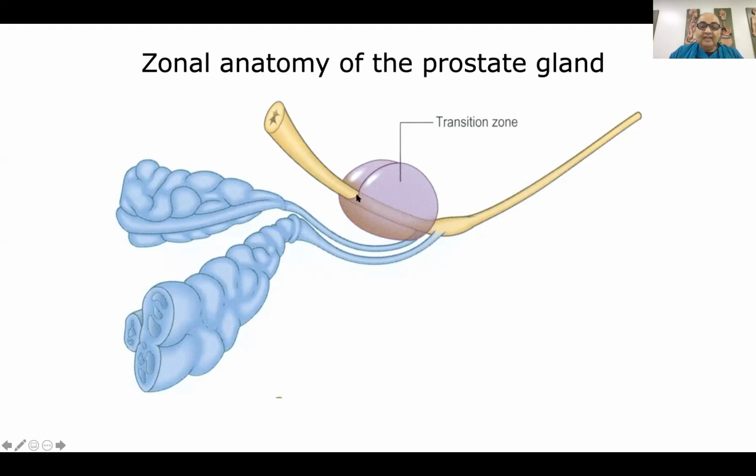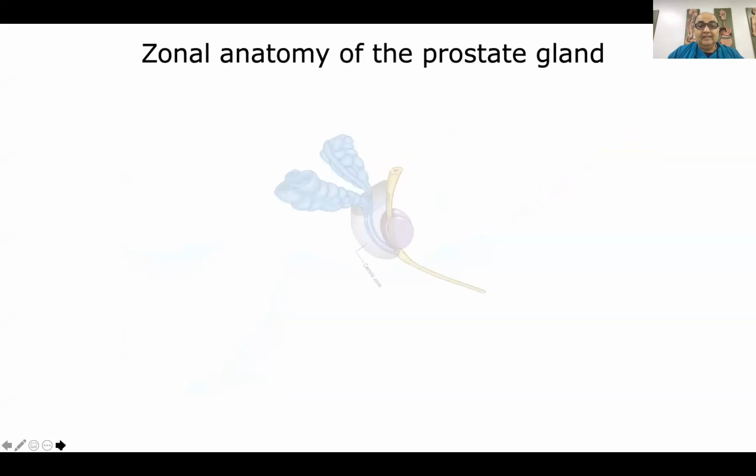So there is one core which surrounds my urethra completely, and that core, that substance, is called the transition zone. So a zone of the prostate, a tissue of the prostate, which is present around this tube. Let's say this is the prostate and there is this urethra which goes through it. So this is around the urethra, the part of the prostatic tissue which surrounds it circumferentially, we call it the transitional zone. Remember this part. Now let's add on.